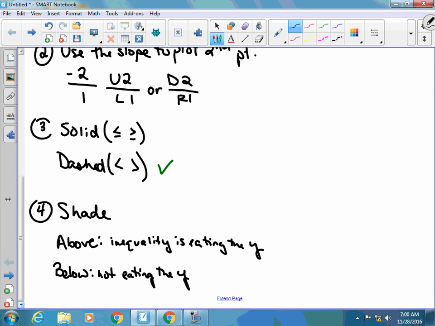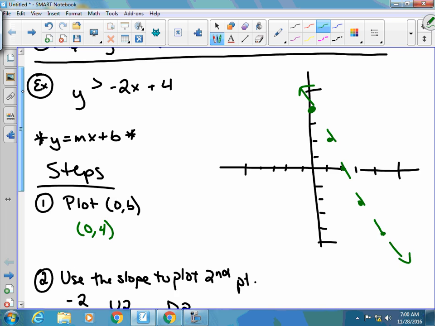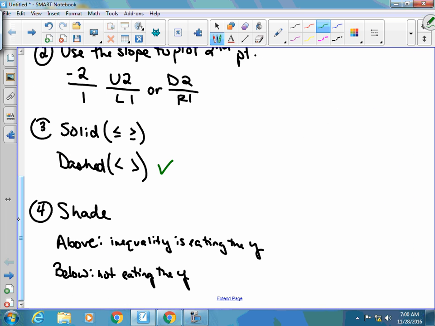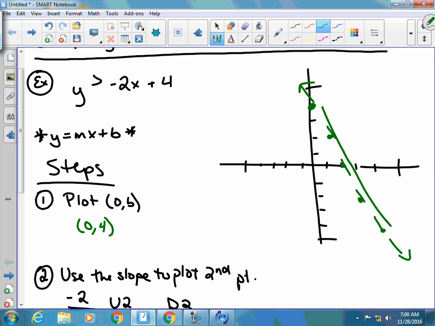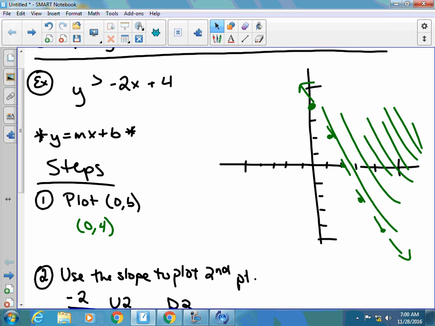And this is determined above the line or below the line that we have graphed. In our case, looking back at our inequality, it is eating the y. So we are going to shade above, which means I'm going to shade everything in this case to the right because that is considered above the line.